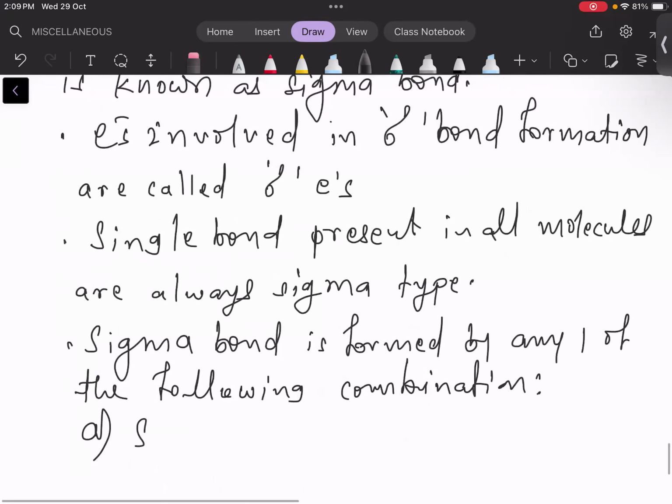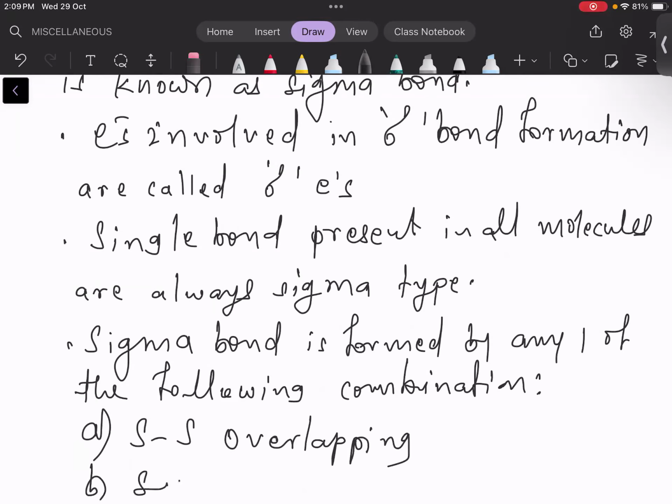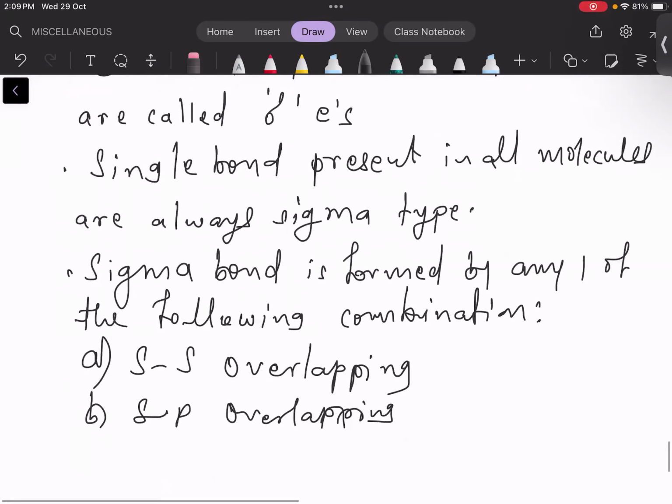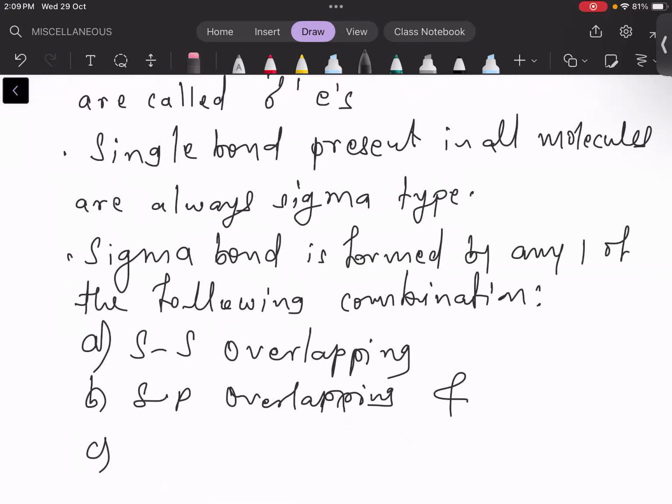First is SS overlapping, second, SP overlapping, and third, PP overlapping.